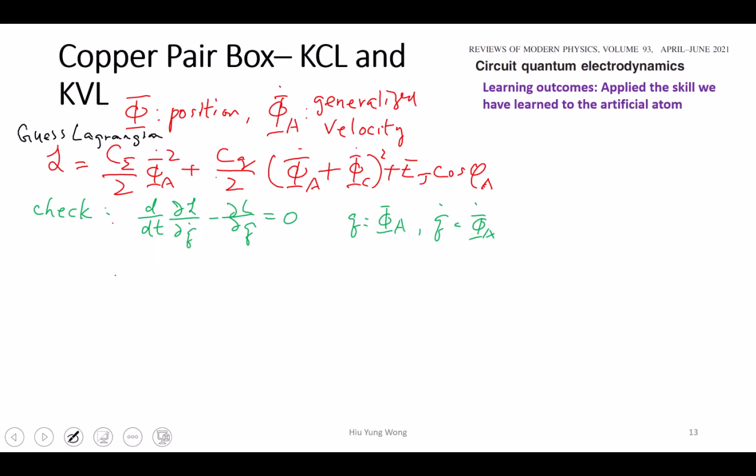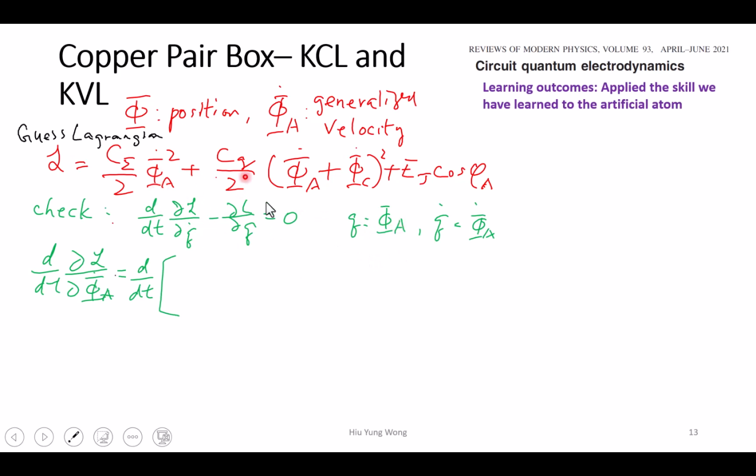So what is d/dt of partial L over partial phi A dot? Of course, this is equal to d/dt of the whole thing. So I try to do partial L over partial q dot, which means partial L over partial phi A dot.